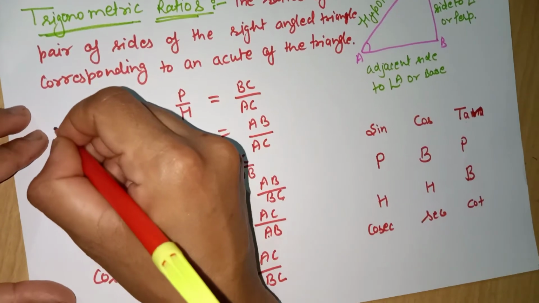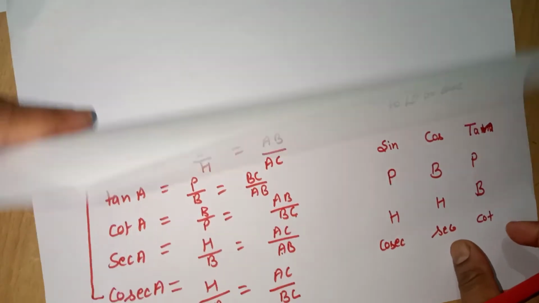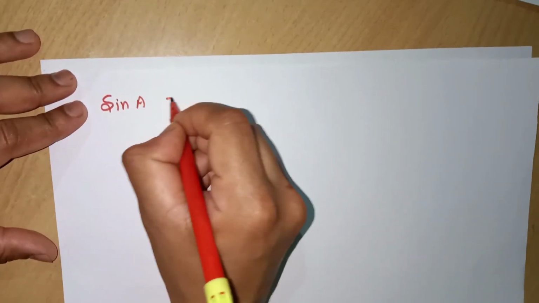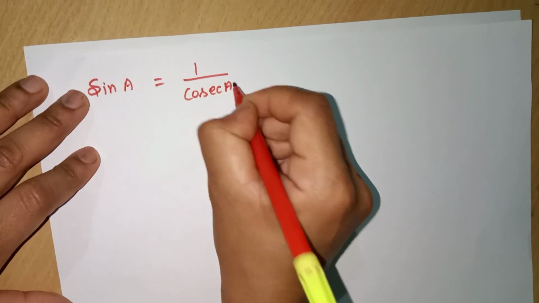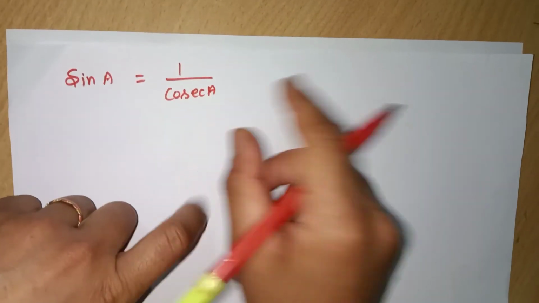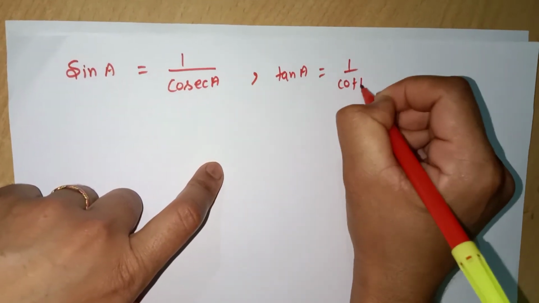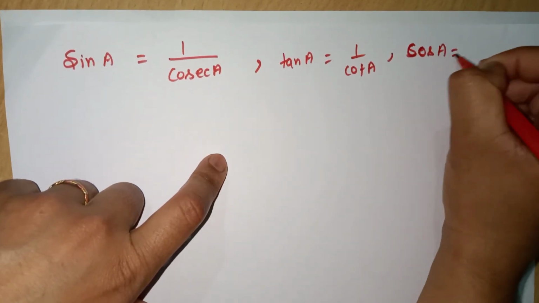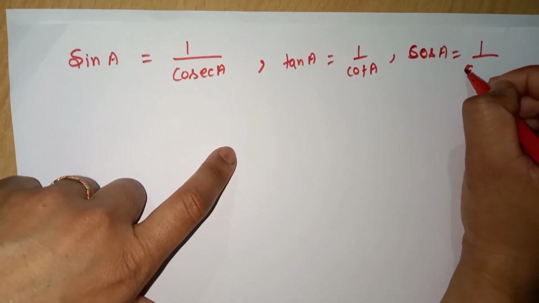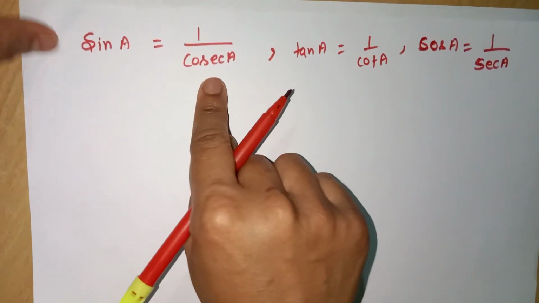So from this and this we can write that sin A is equal to 1 upon cosecant A, because both are inverse of each other, or tan A is equal to 1 by cot A, and cos A is equal to 1 upon secant A. From these formulas we find that these are inverse of each other.